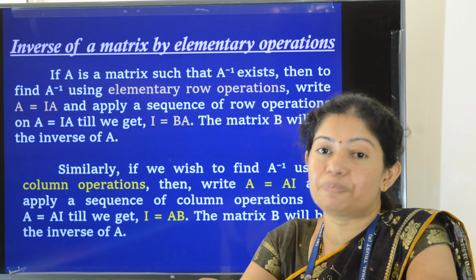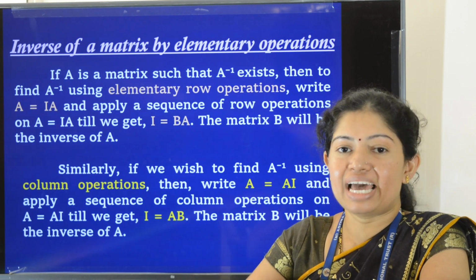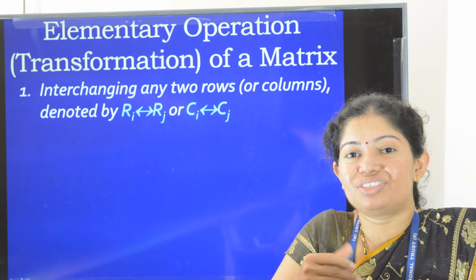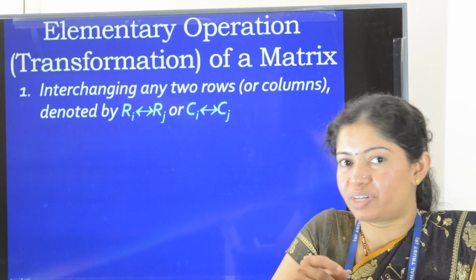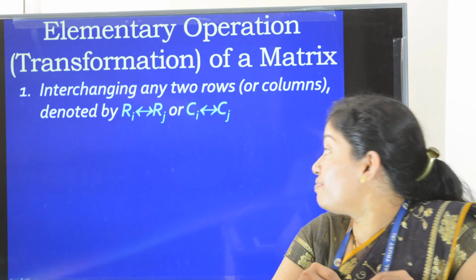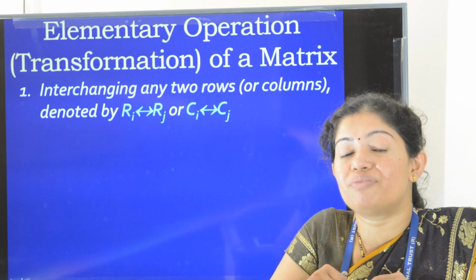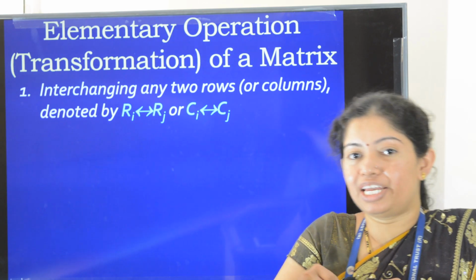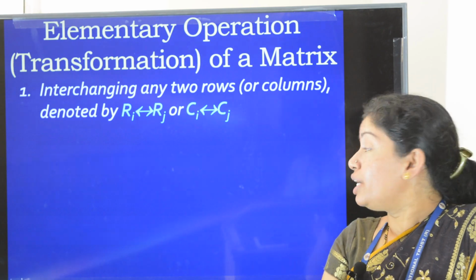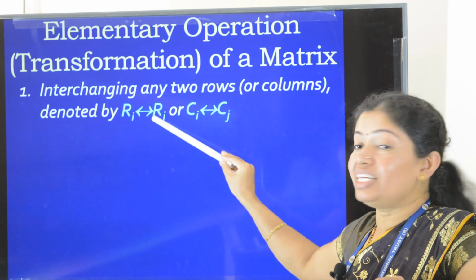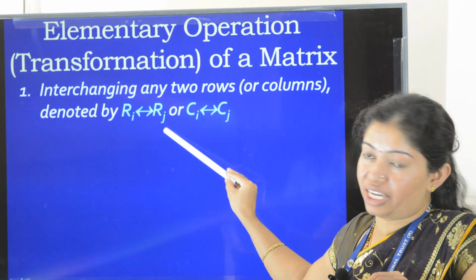Let us do this practically by taking an example. Let us just see those elementary operations once again. So what is that first operation? The first operation is interchange of any two rows or any two columns. So here you can denote Ri is interchanged with Rj.